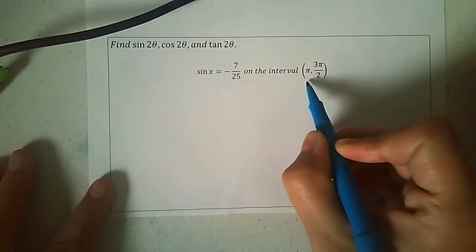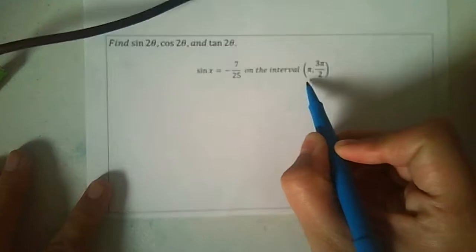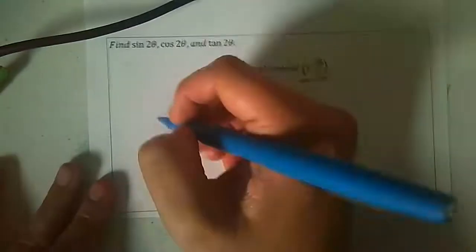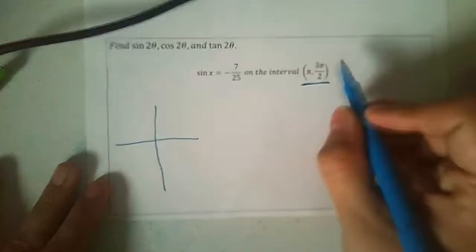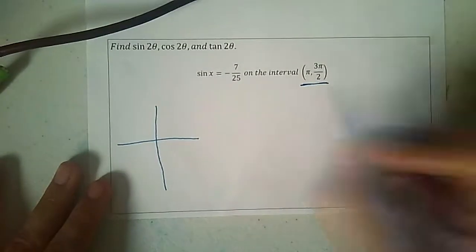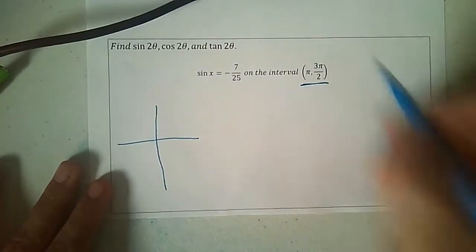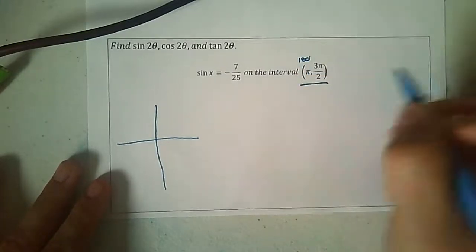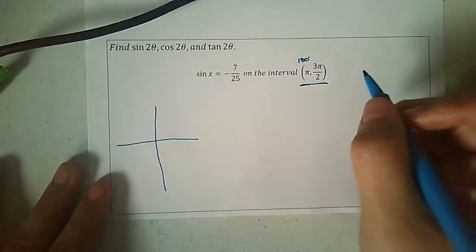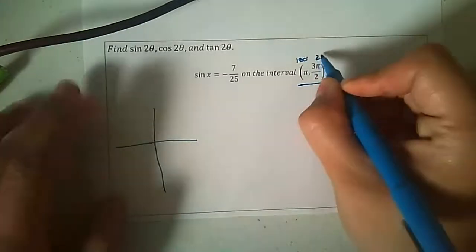But the first thing I'm going to start with, I'm going to draw a picture. The first thing I'm going to start with is that piece right there. From pi to 3 pi over 2, or if you want to convert that to degrees, we know pi is really 180 degrees, and 3 pi over 2 is really 270 degrees.